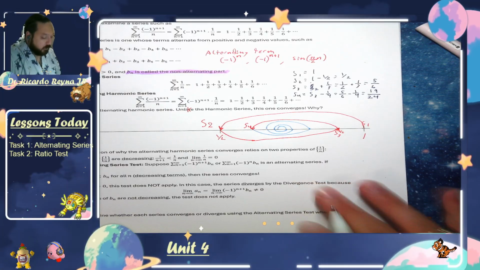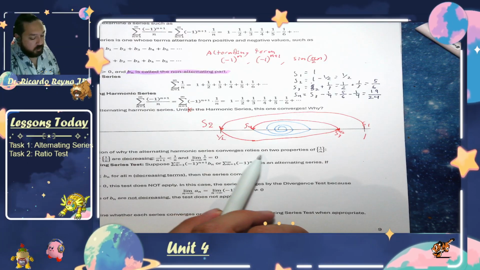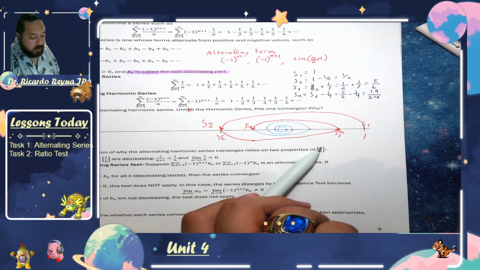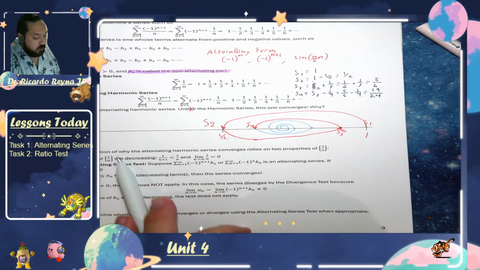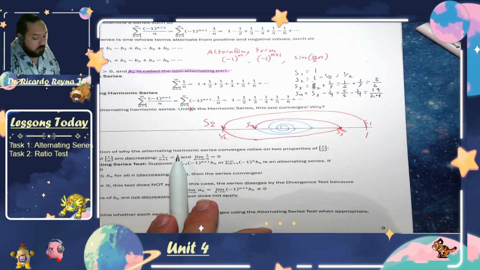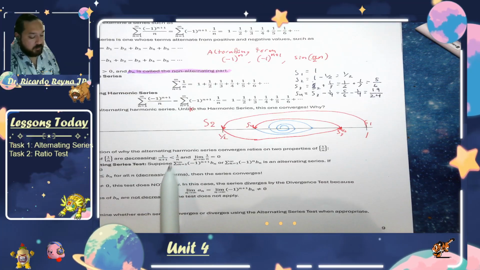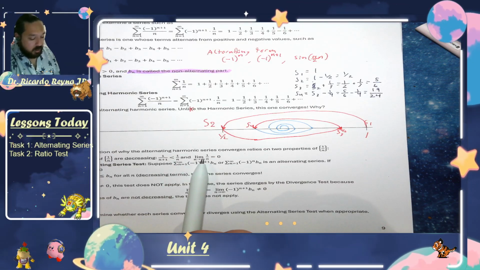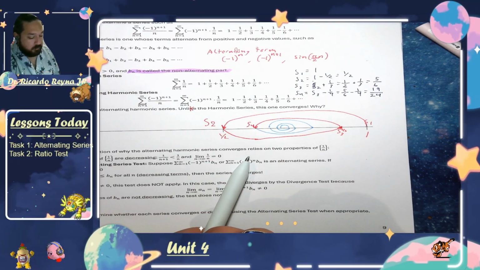The explanation of why the alternating harmonic series converges relies on two properties of the 1 over n series. First, the values of 1 over n are decreasing. Every time we go up in n, we get a smaller and smaller fraction. And also, the limit of 1 over n goes to 0.